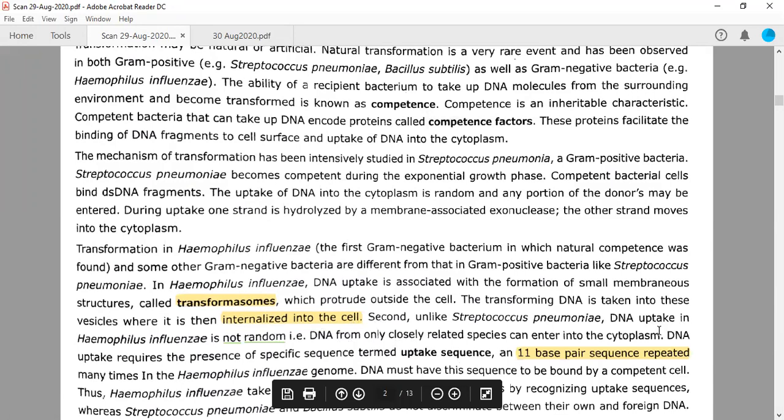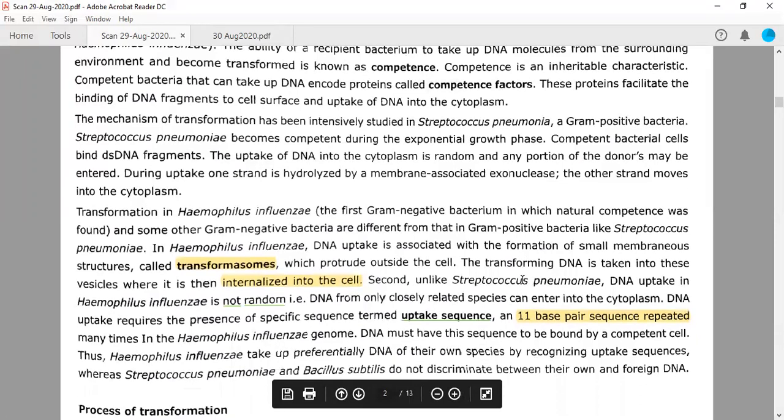So whenever there is a transformation, this 11 base pair sequence, which is repeated many times in the Haemophilus influenzae genome, is recognized. So these uptake sequences are very important. Therefore, in gram-negative bacteria, this is not a random process.